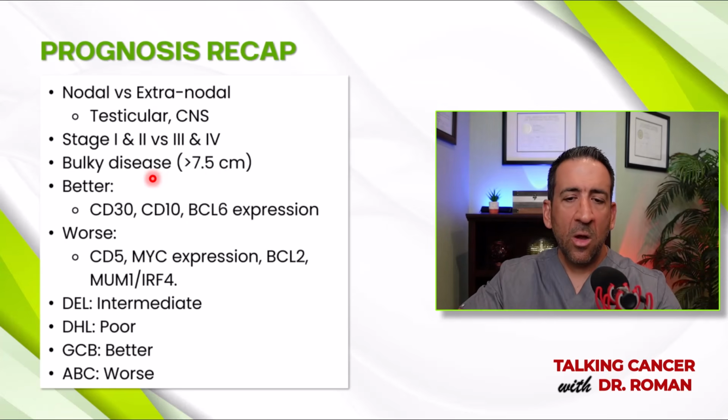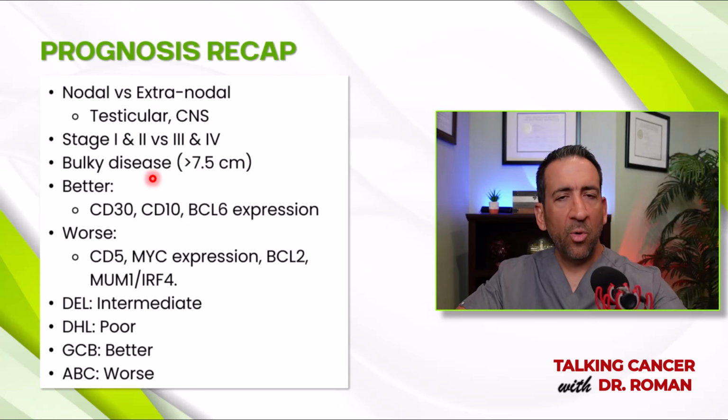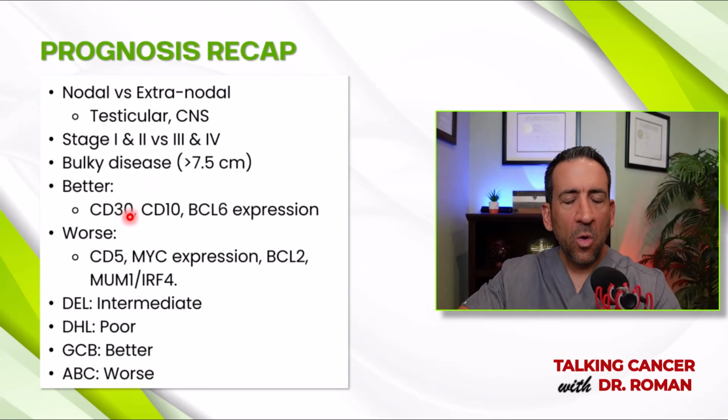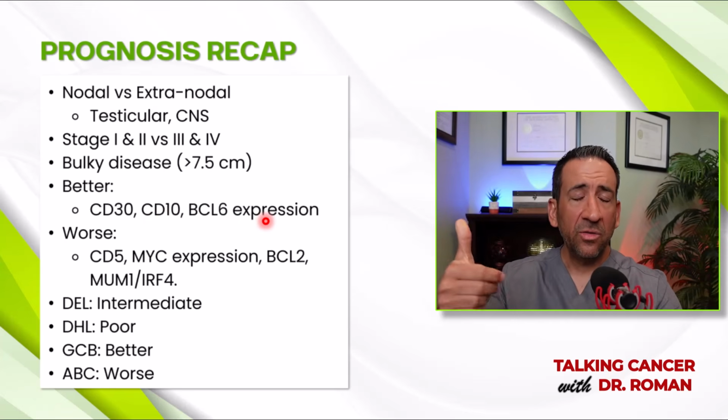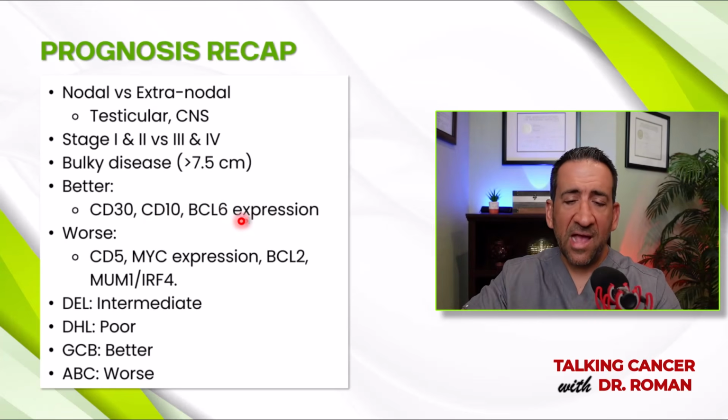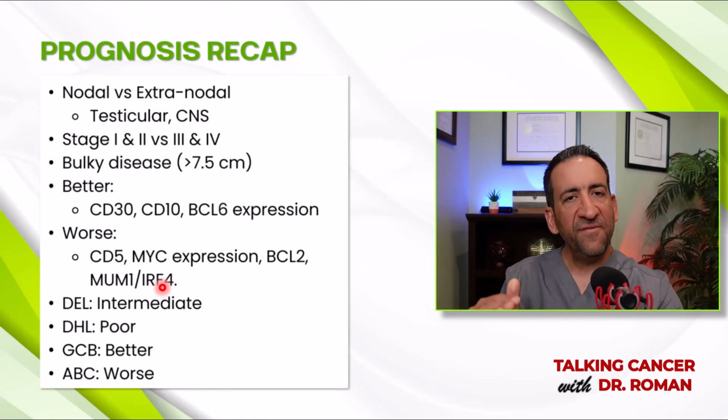All right. Now, what is good? Well, remember with all the testing we did, if your lymphoma has CD30 or CD10 or BCL6 expression, that is better. Those are favorable. If it has CD5, MYC expression, BCL2 expression, MUM1, IRF4, that is inferior.